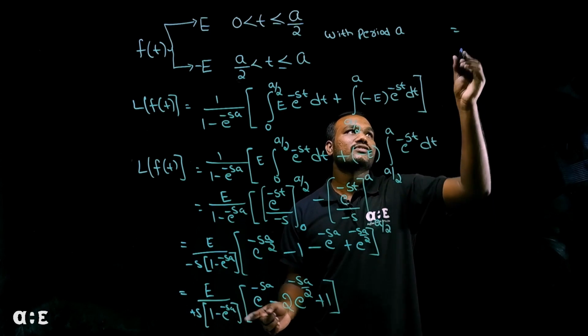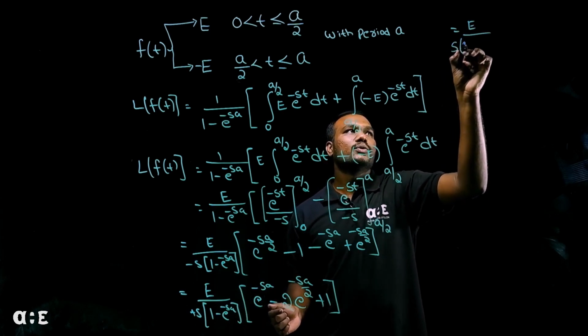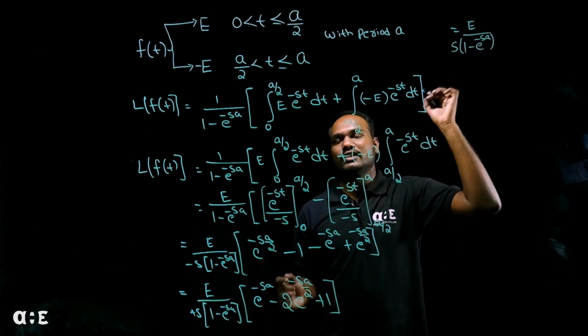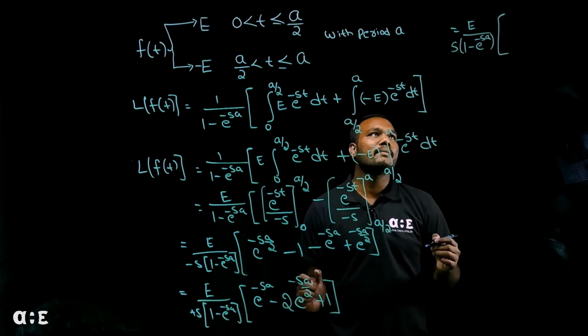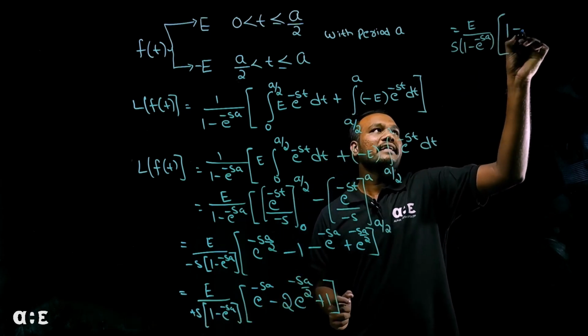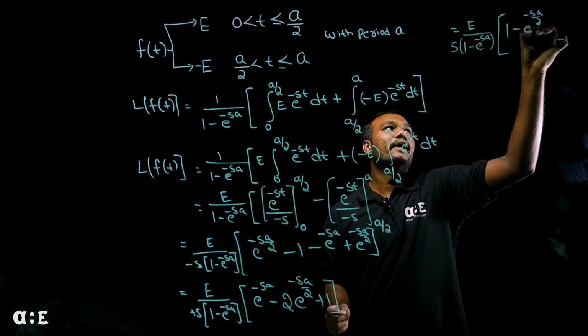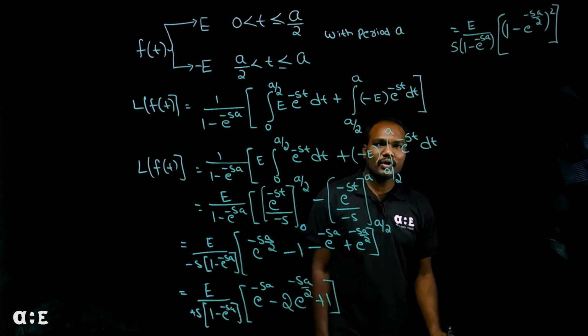So let's substitute this into the formula, right? Let's solve them. So we'll get e by s into 1 minus e power minus sa, right? This was given in this term, right? And this term can be written as 1 minus e power minus sa by 2 whole square. Now what can we do?